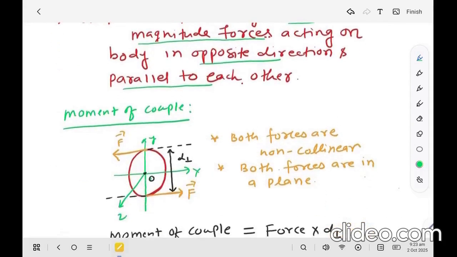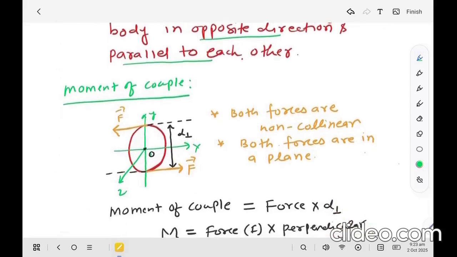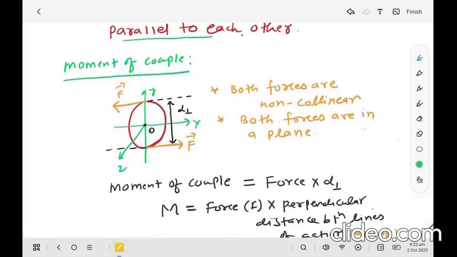Now, what is the moment of a couple? To understand the moment of a couple, let's consider again a simple object or body in a given plane. This is a circular object, let's say it is rolling on the plane, perpendicular to the forces acting on this body.